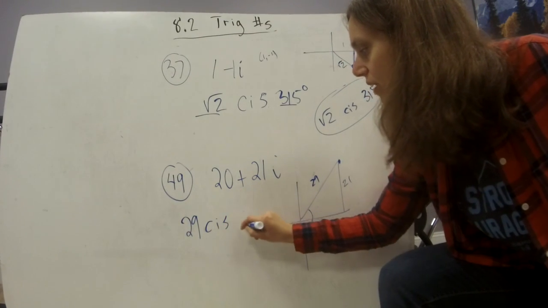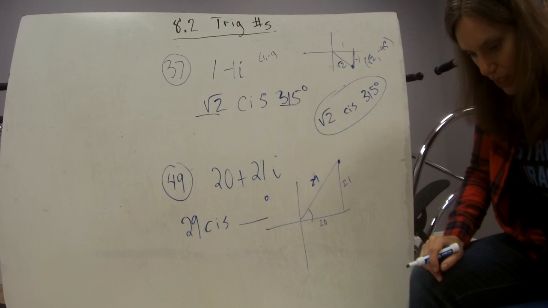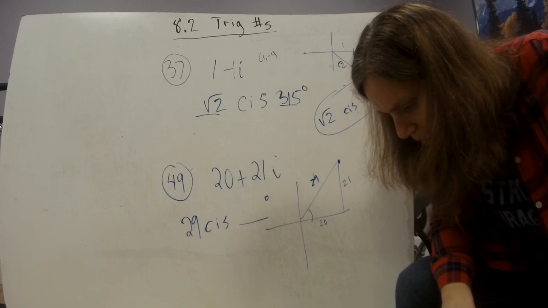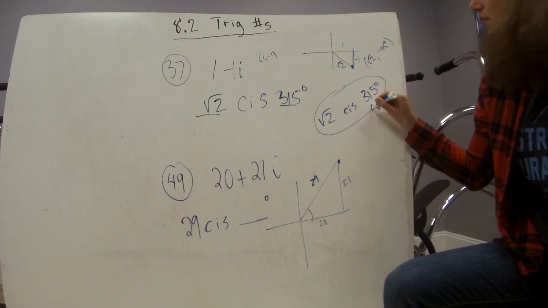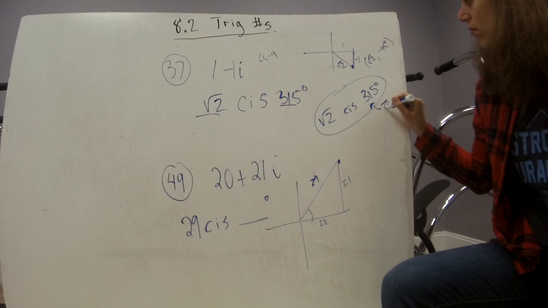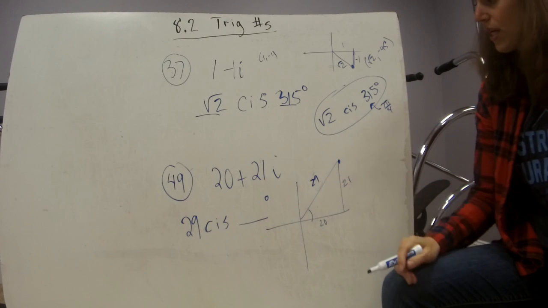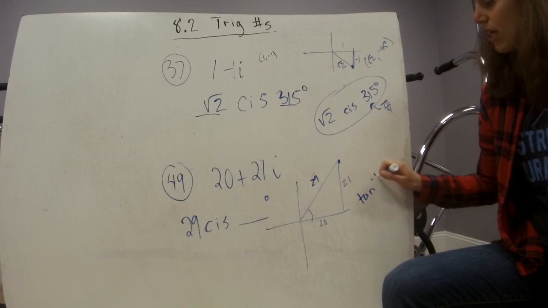So cis, and then we've got to figure out the angle in decimal degrees. Now do notice in this section, it looks like everything so far is in degrees. Sometimes in other sections they're going to have you use radians, so like this would be 7 pi over 4, right? So just kind of be aware of that, but especially when you're using decimals. Now this is where from vectors this handy thing comes in. Do tan inverse every time, right?